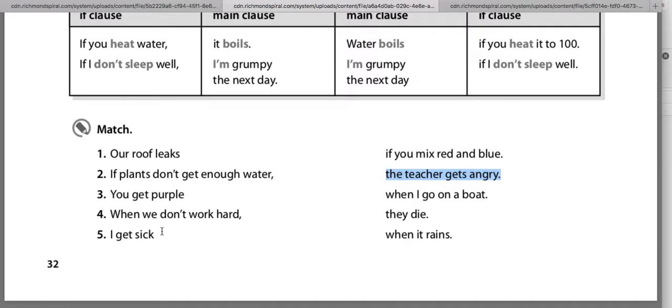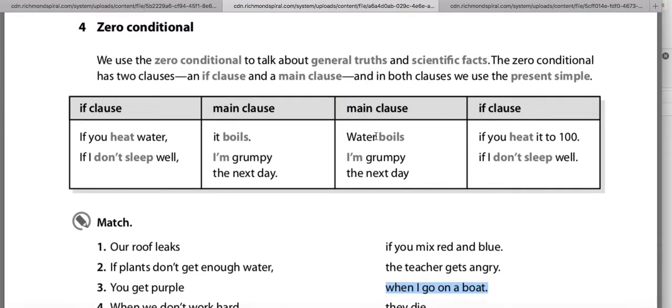Perfect. And the last one, I get sick when I go on a boat. Yeah, perfect. So this is the use for zero conditional.